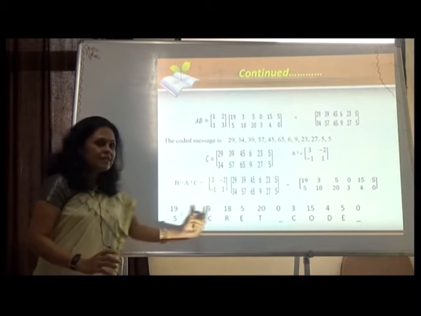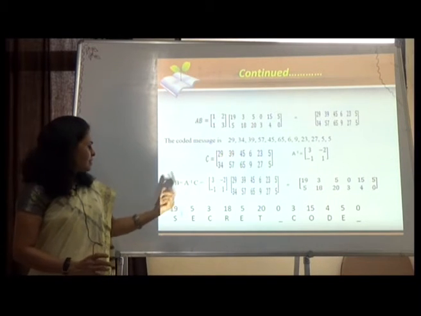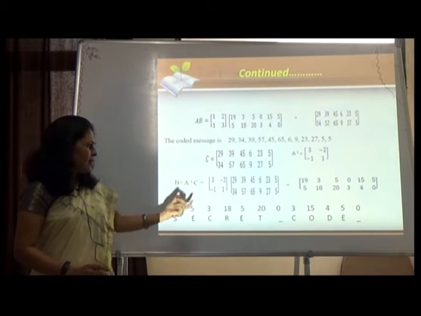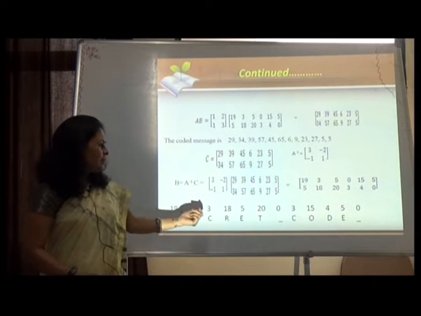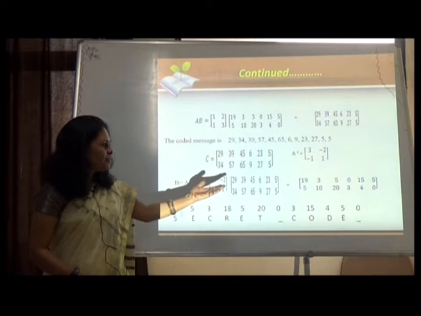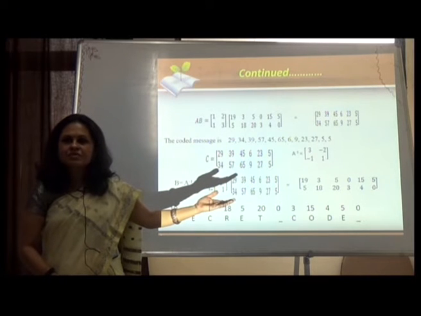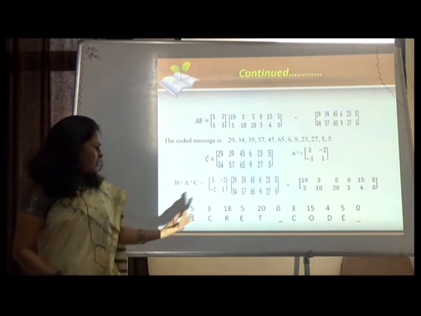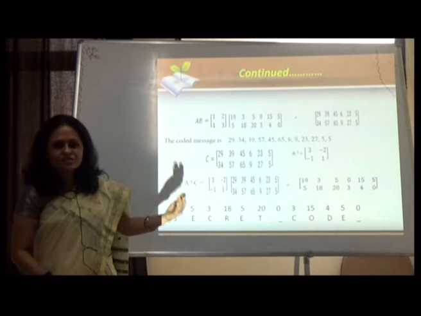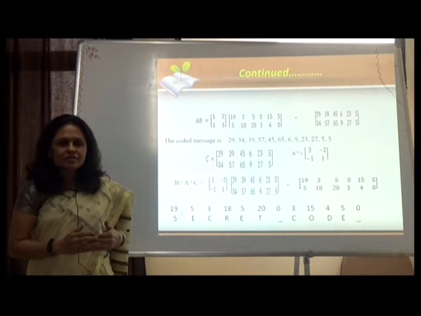It is received in a linear manner in this particular fashion, where I go column-wise: 19 S, 5 E, 3 C, 18 R, 5 E, 20 T, space 0, 3 C, 15 O, 4 D, 5 E and again space, that is 0. So, is it not a secret code which is being transferred? This is how we can try coding and decoding with a matrix.